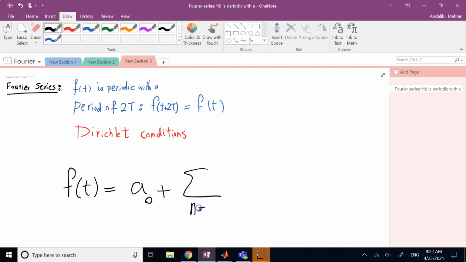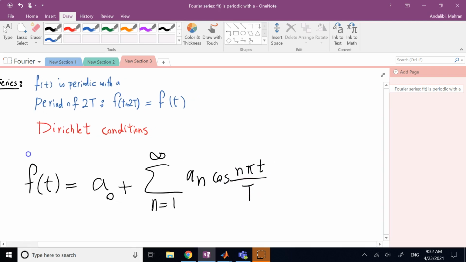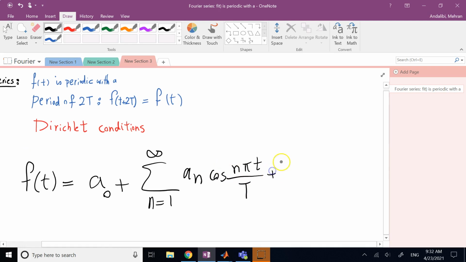So they start with n of 1, they go to infinity, and they are like a constant a n. Of course, it's not a pure constant, it does depend on n, times cosine of n pi t over T, and then plus b n times sine of n pi t over T.